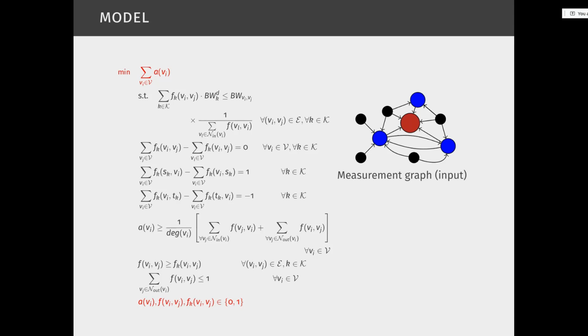So for example, if you take the measurement graph here, f_vi,vj of this arc will tell you whether this arc is used or not. And f^k_vi,vj will tell you if the flow of one of the users k is using this arc. So for example, if this user is using this arc or this one. And those are all binary.